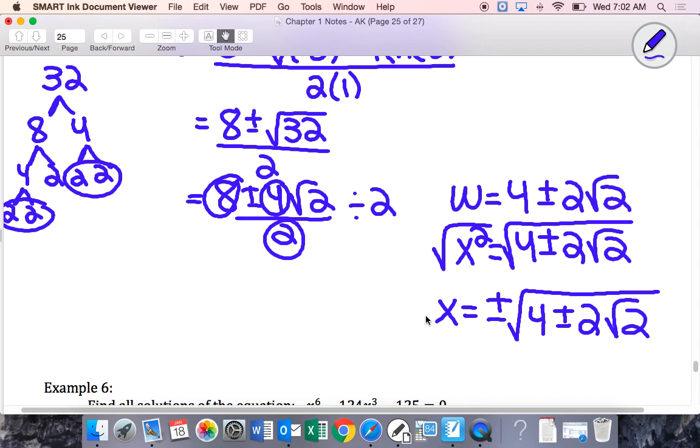I know that looks really complicated, so that really tells us we have 4 answers. The positive outside square root, the positive inside square root. Positive outside, negative inside. Negative outside, positive inside, negative outside, negative inside. So that's 4 different answers for our problem.